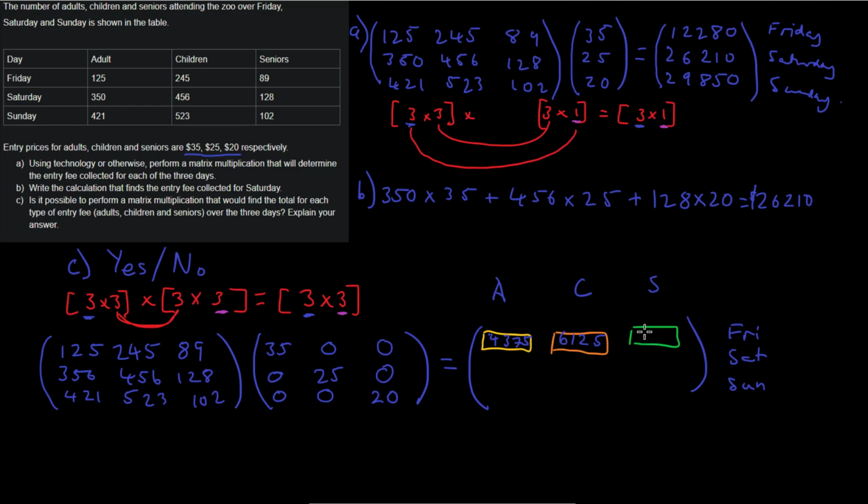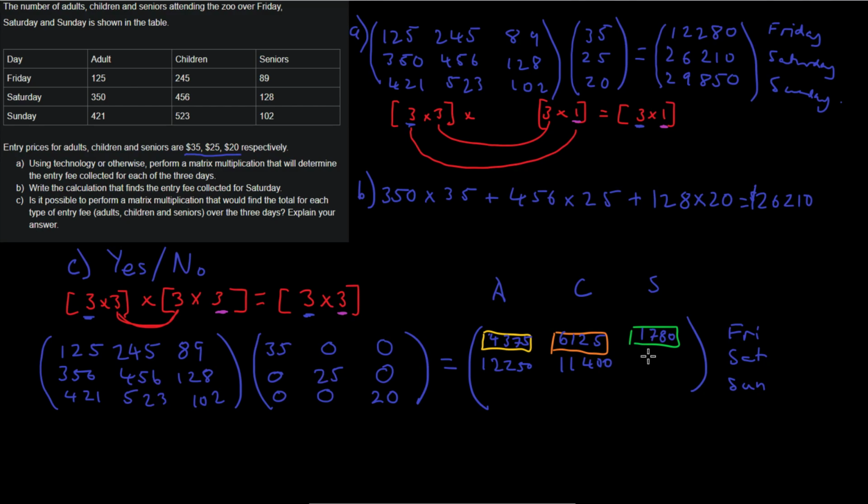The seniors on Friday, 89 times 20, that's 1,780. The adults on Saturday, whoa, 12,250. Big spenders. The children, quite a large number again, 11,400. That's just 456 times 25.